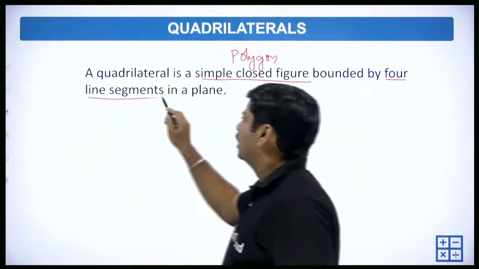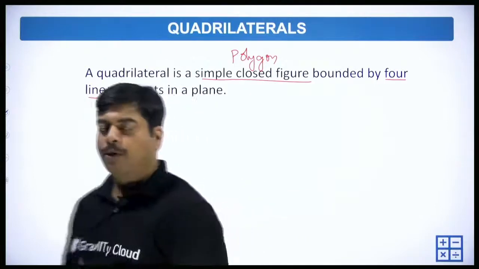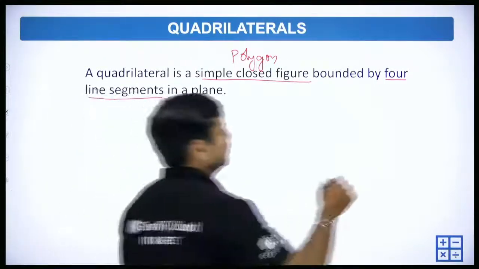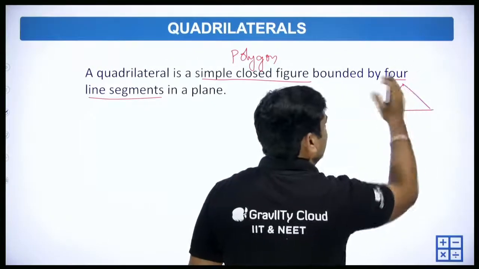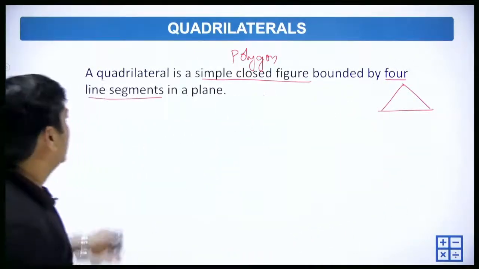Now you need to understand the difference between different polygons. In the previous classes, we discussed the triangle, which is a three-sided polygon, 1, 2, 3, bounded by three line segments.